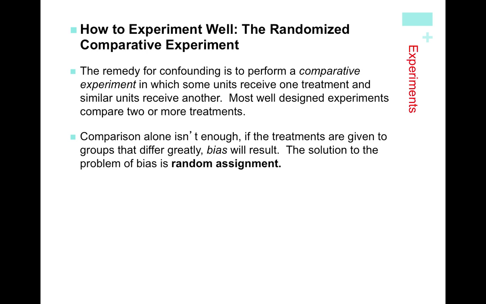Let's suppose in that SAT course example, one way to fix that confounding problem would be to create a comparative experiment in which some students are taught the SAT course in a classroom, but the others, who are similar students, take the online course. Now you wouldn't see so much of an issue as to what courses they were taking in school.